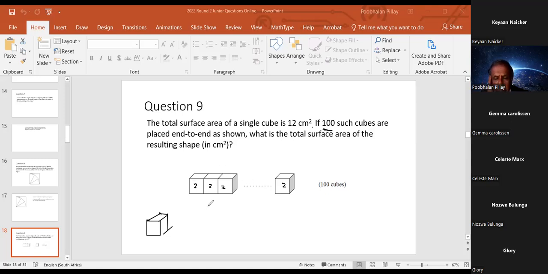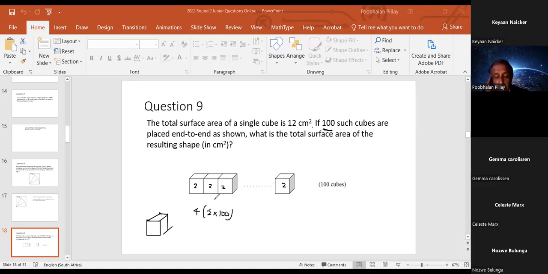So you've got 2 times 100, which gives you just the total surface area of what we see here, but you must multiply that by 4 because you are adding the top, the back, and the bottom as well, and they're all 200.